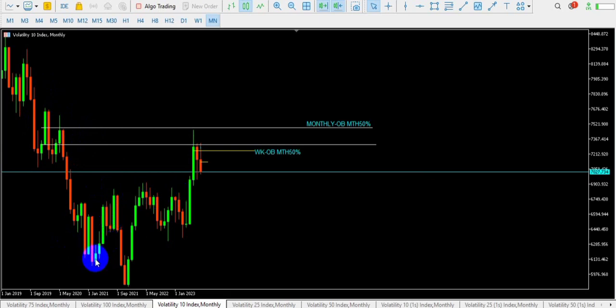Now there's a change in the state of delivery. Beautiful. It's a breaker block. In discount, this is a discount array, a discount breaker block. Now do you see what I'm seeing here? A low, a high, a lower low. Now among the rankings of the ICT array, a mitigation block on a premium array does not tend to stay strong.